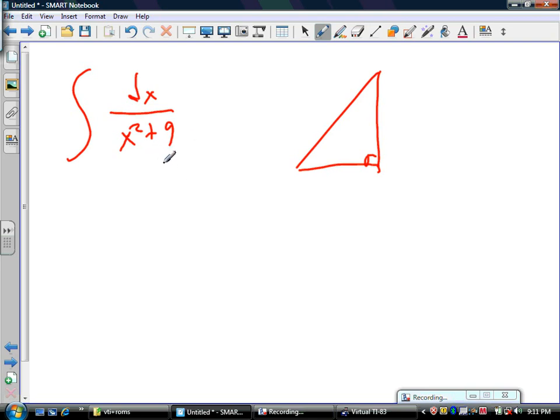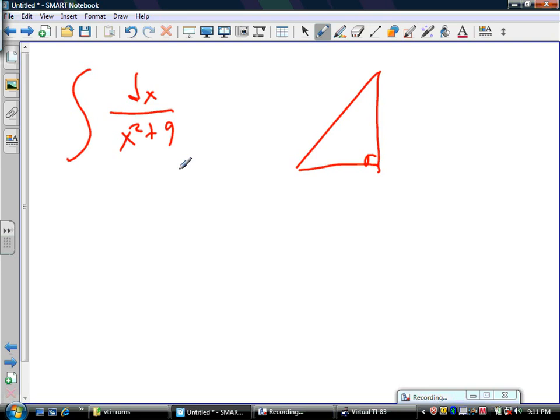It has to be factorable. Remember, we break it up based on factors. Can't do x squared plus x squared? No. Try it. FOIL it out. It doesn't equal x squared plus 9. It gives you x squared plus 6x plus 9. Yeah, you can't factor. So it's not a partial fraction. It's not a u-sub. It's definitely not by parts. It's by parts, it's products. That's not a product. So when all else fails, trig sub, right?